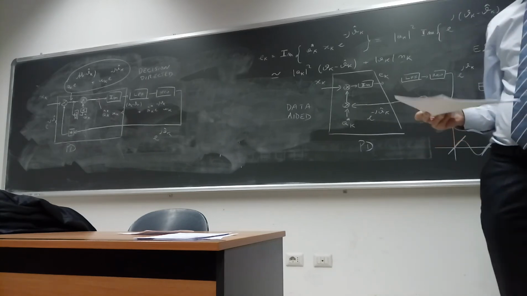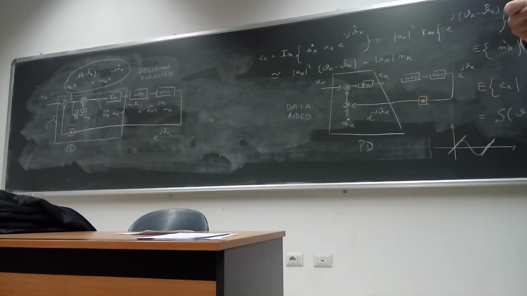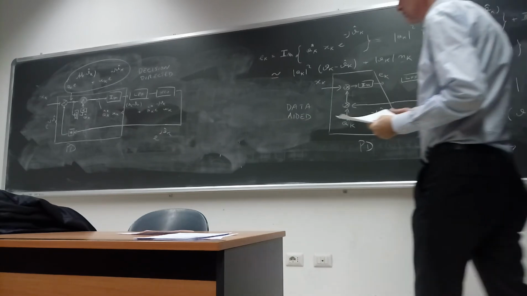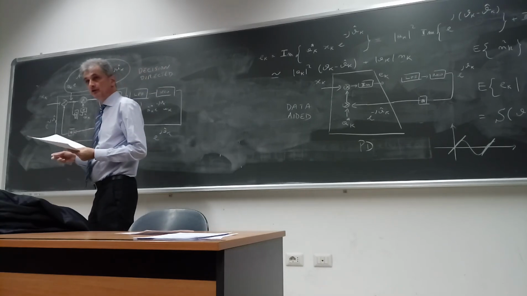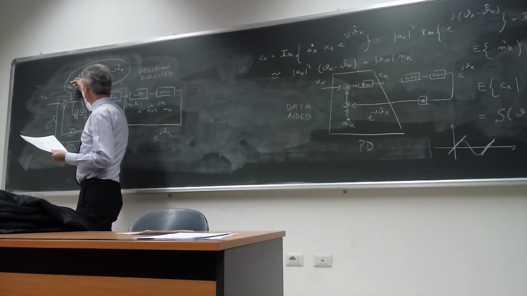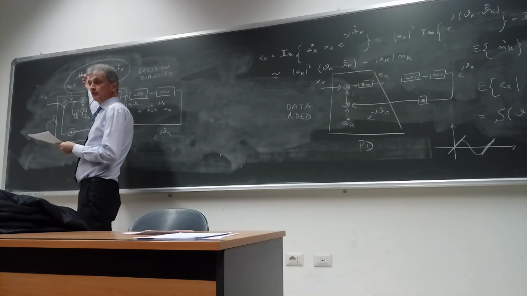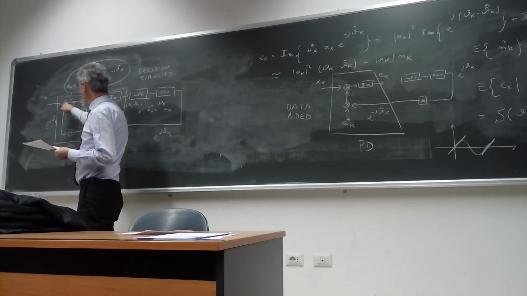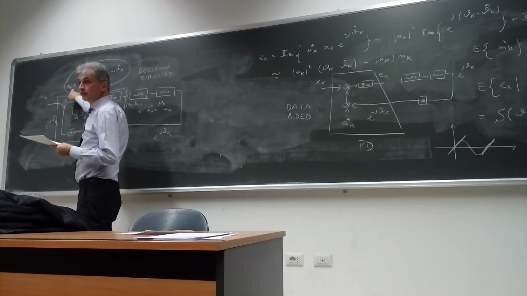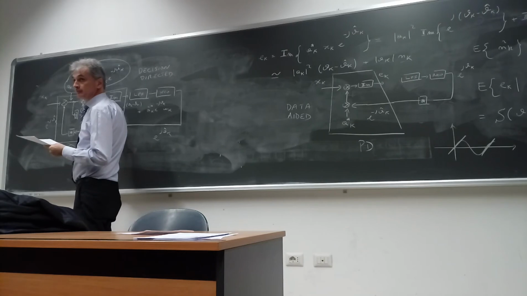I didn't understand why in this way we solve the problem of not having the training sequences. Because if we are at phase lock, then theta minus hat theta is small, okay? And therefore the signal here is QAM symbol plus noise.